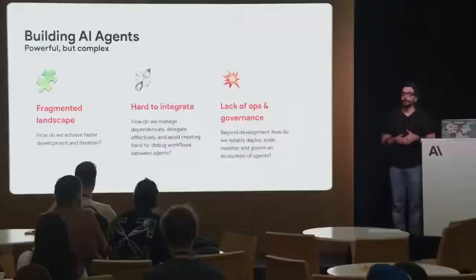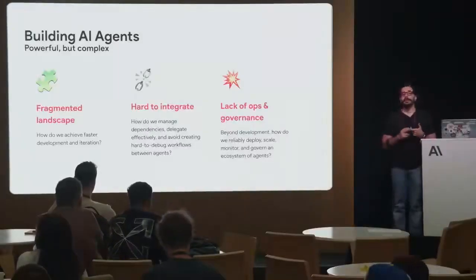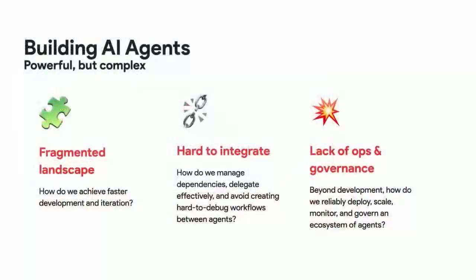So just to recap, we started from these three main problems, right? Building agents is powerful, but there are several challenges when you want to put them in production. You have a fragmented landscape. There is some integration complexity that you need to manage. And even if you're capable of fixing this, you have to manage all the operational overhead in order to deploy these agents.